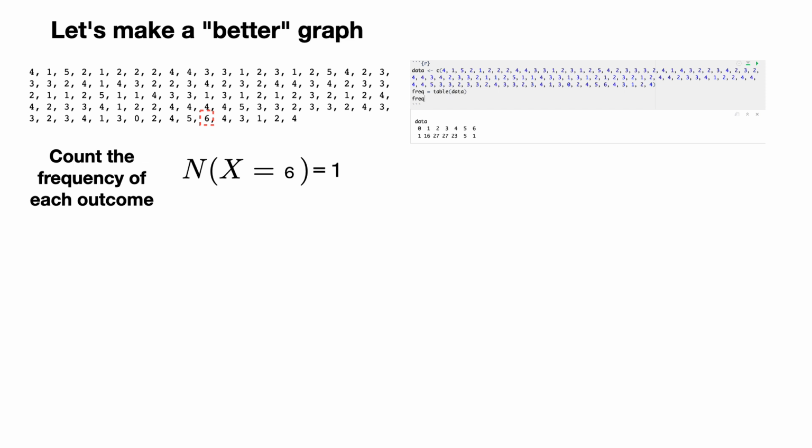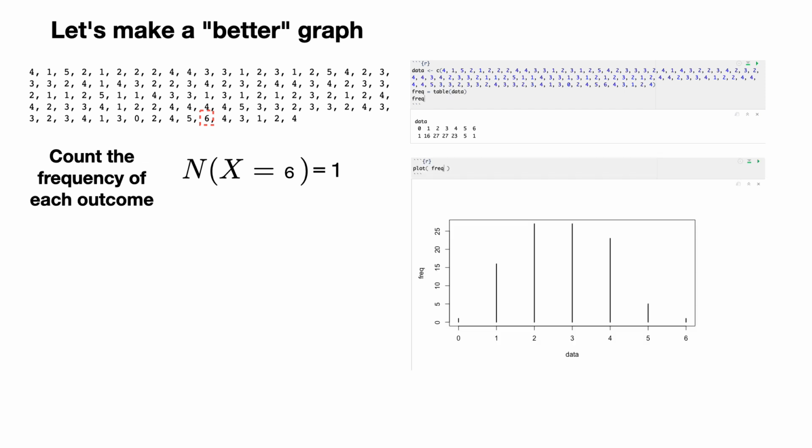We can even plot freq to get a nice graph as shown here. Lastly, much as we did on the last slide, we can superimpose the values of the mean and standard deviation on this graph and see how much of the data set lies within one standard deviation of the mean.